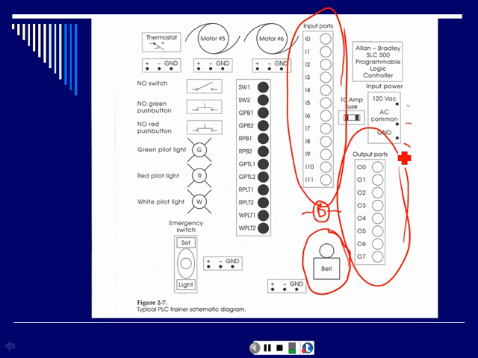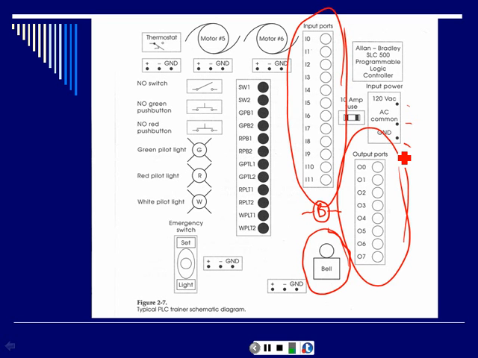What those are, now I'm just using this PLC because it's easier. I'm going to pass this around again, but if you look up here, you have I/0, I believe, I/1.